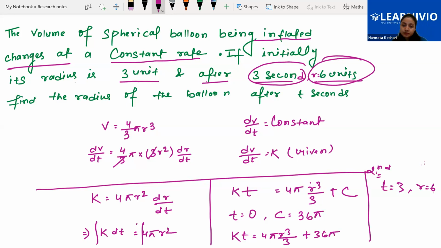To find the value of k. Once we have the value of k, we will get our particular solution without any constant. Getting it? Yes, ma'am.